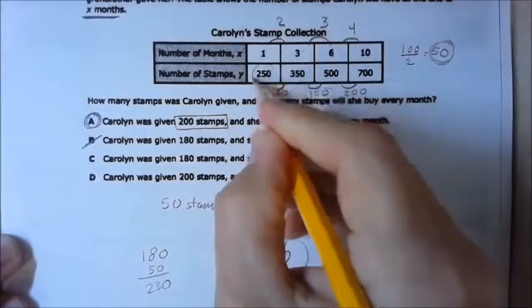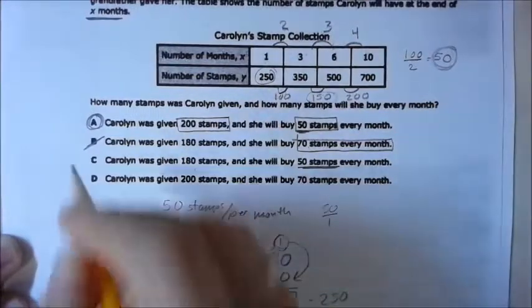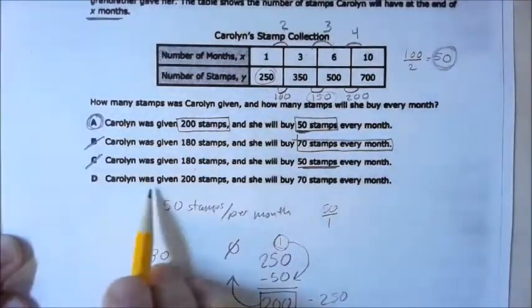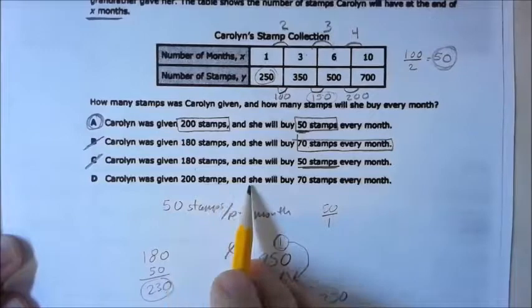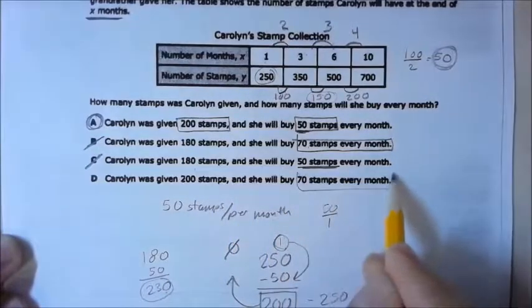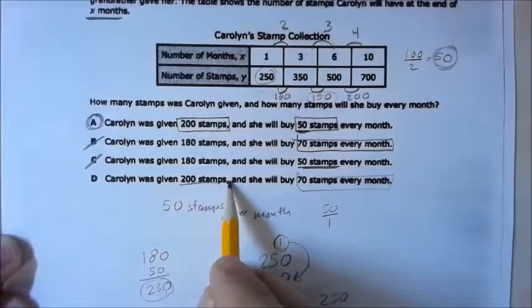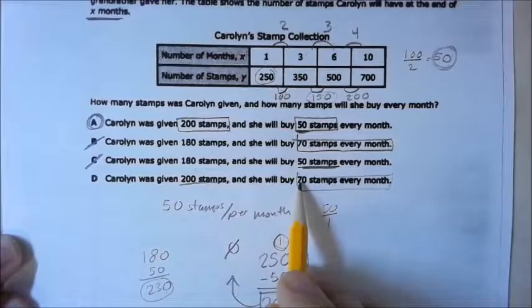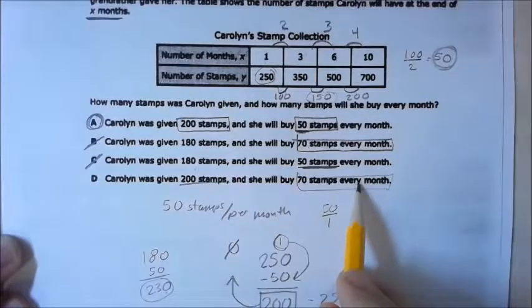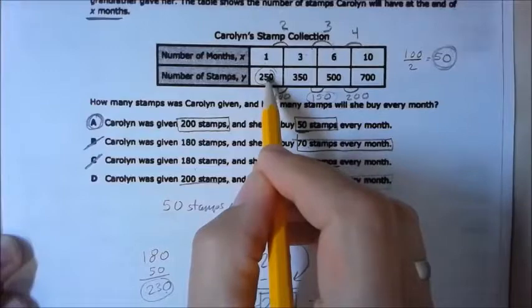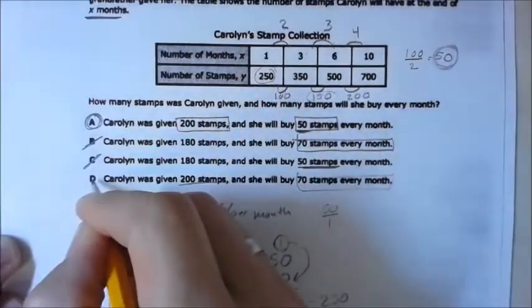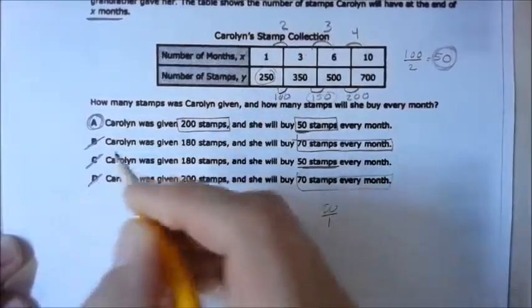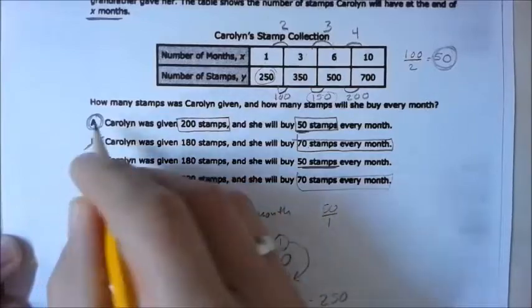But she has 250, not 230. So that's false. And then Carolyn was given 200 stamps, and she will buy 70 every month. Well, we know she was given 200. We found that out. But the 70 stamps a month would mean that she would have 270 after the first month, and she's got 250. So again, that increment is wrong, the unit rate is wrong, and so it is false. So A is the correct answer.